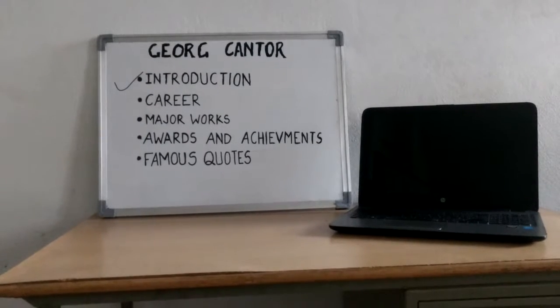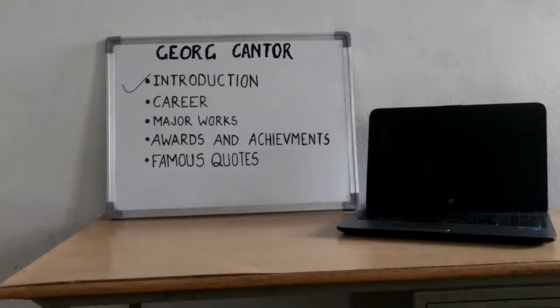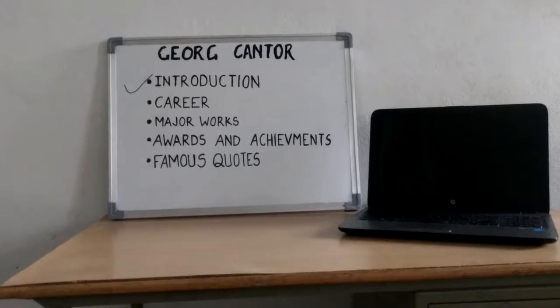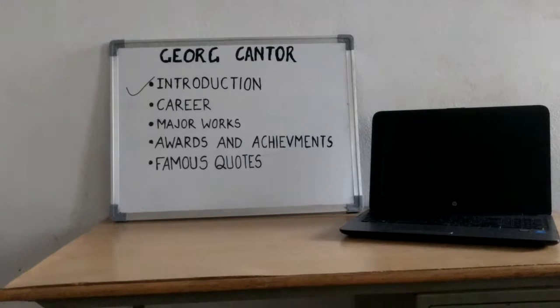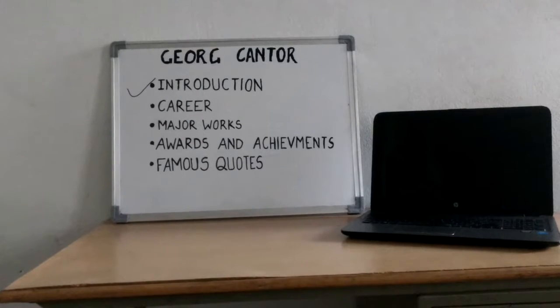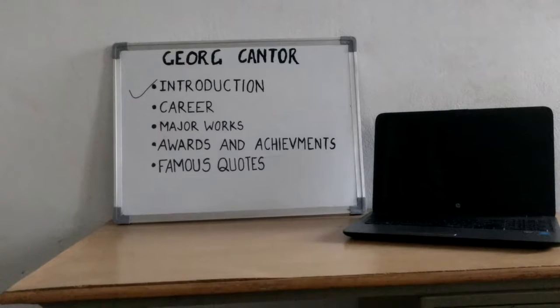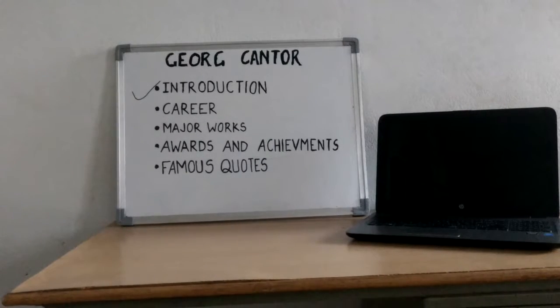He started with the work performed on trigonometric series by German mathematician Bernhard Riemann a few years earlier and extended it to show that a function of a complex variable can be represented in only one way by a trigonometric series. He began his work on what later became known as set theory in 1874.